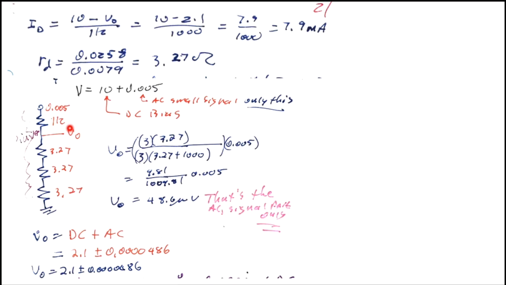So V out is just a voltage divider. We've got these three resistors in series, 3 times 3.27, divided by 3 times 3.27 plus 1,000.